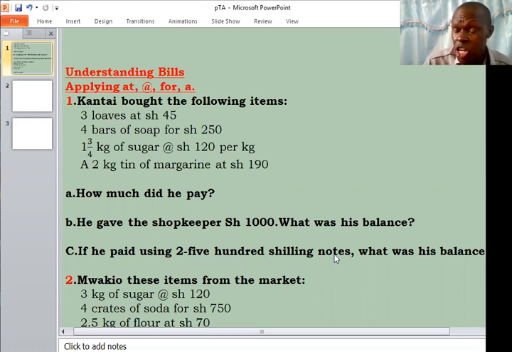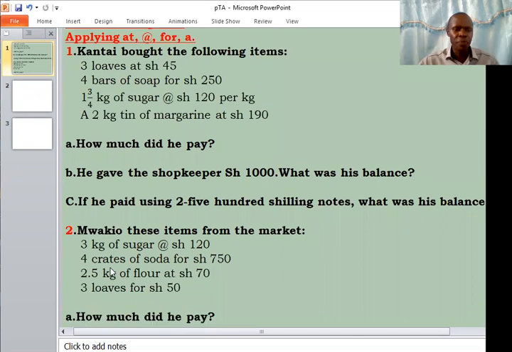How much is that in total? It will be 2 times 500. We still get 1,000 shillings. That means we subtract the total cost of all the items from 1,000 shillings. Fine. Let's go to question number 2.